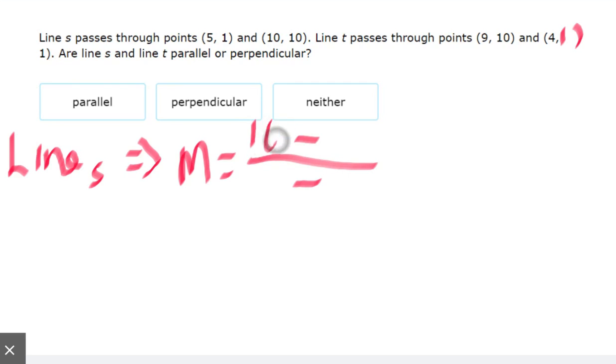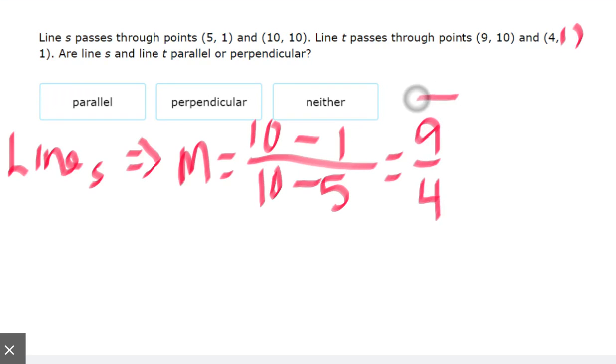So we have 10 minus 1 over 10 minus 5. And that's going to give us 9 over 5.